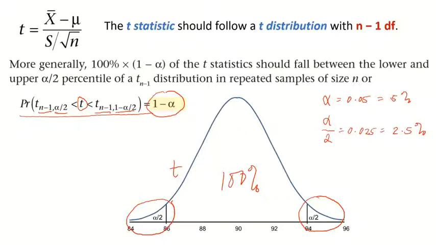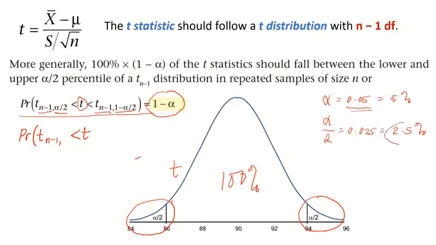So if we consider our alpha back here as 0.05 and we rewrite this expression, we have the probability that our t-value will be greater than a t-value of a t-distribution with n minus 1 degrees of freedom and, what's our alpha over 2?